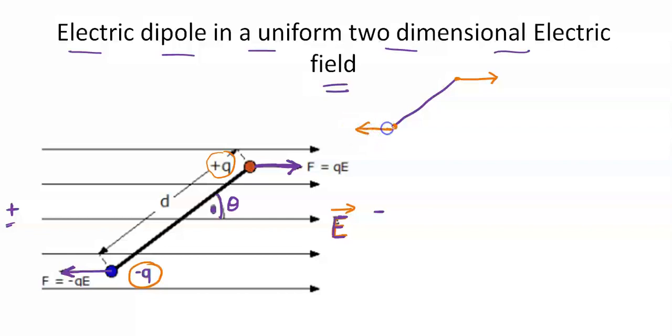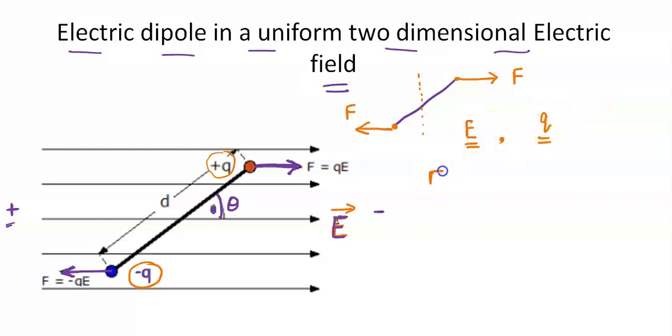And as you can see, these two forces are actually equal in magnitude. They both are equal to F. Why? Because the magnitude of charges minus q and plus q is q only, and as far as the magnitude of the electric field intensity is concerned, it is E only.